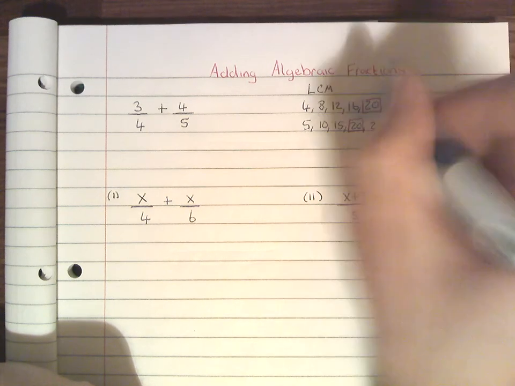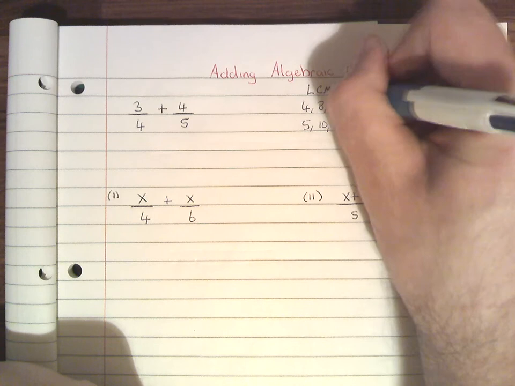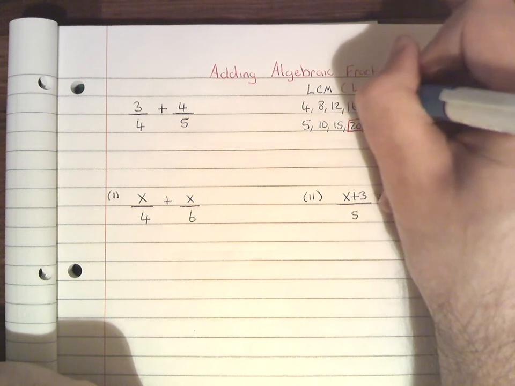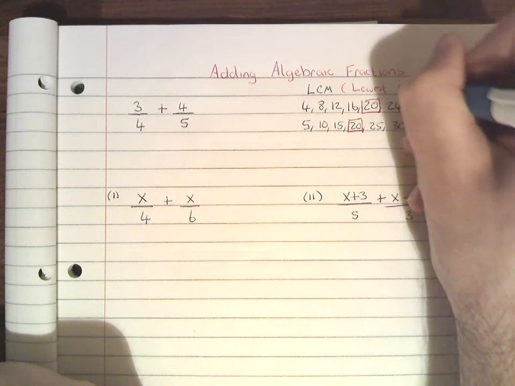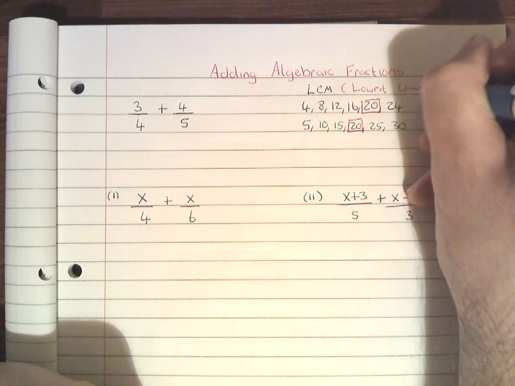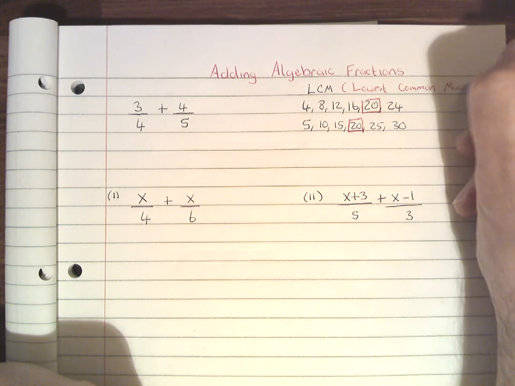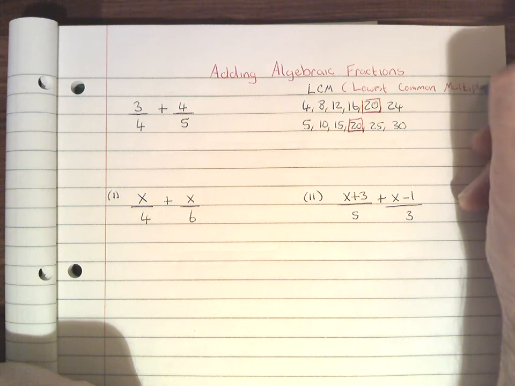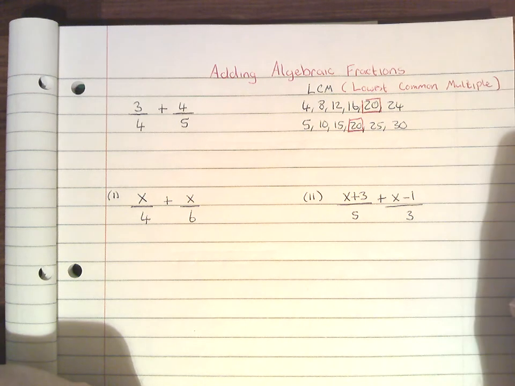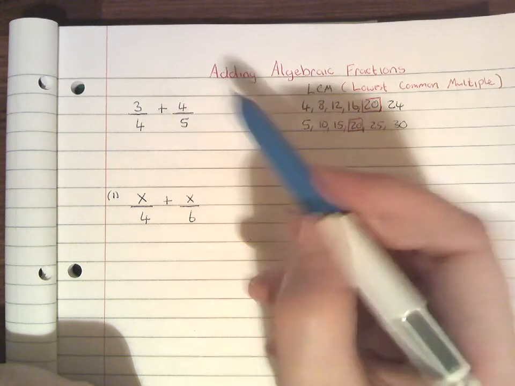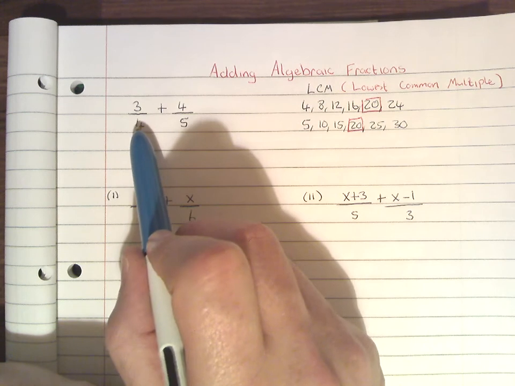This is what's called the lowest common multiple.